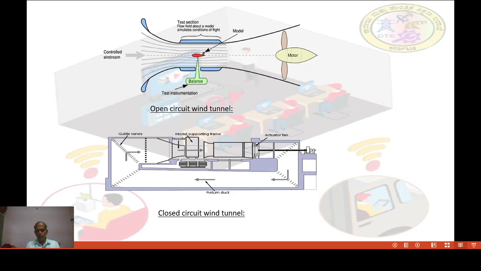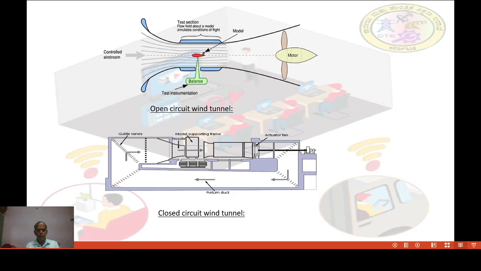This type of wind tunnel is open at both ends. The chances of dirt particles entering with the air are more. Honeycombs, meaning filters, are required to clean the air.